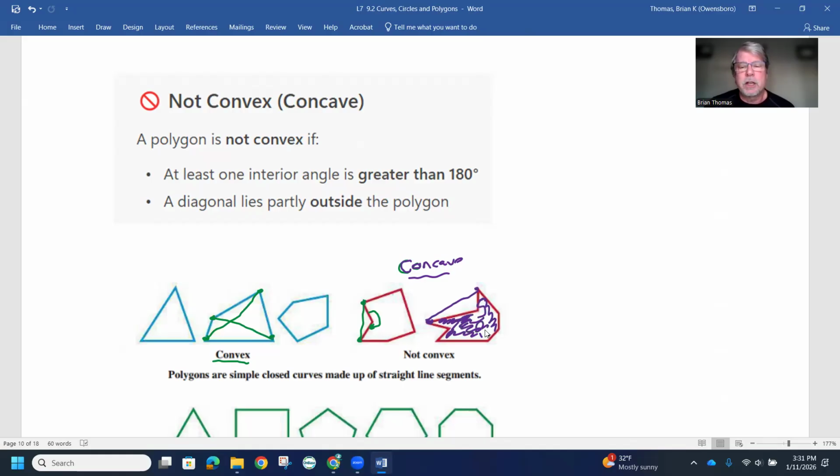This is the closed shape right here. So remember, the polygon represents a closed figure. This is the closed shape. But if I connect this point to this point, it does not go inside the polygon, and that can't happen. So if there's at least one diagonal that's partly outside the polygon, then we don't call it a convex, we call it a concave.